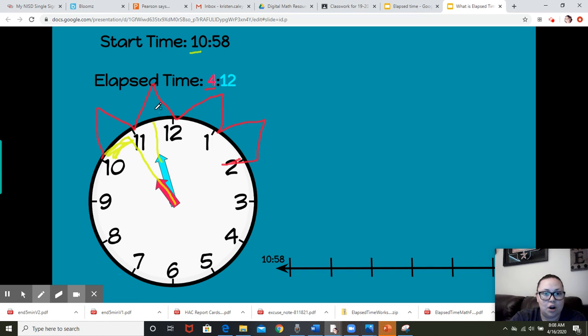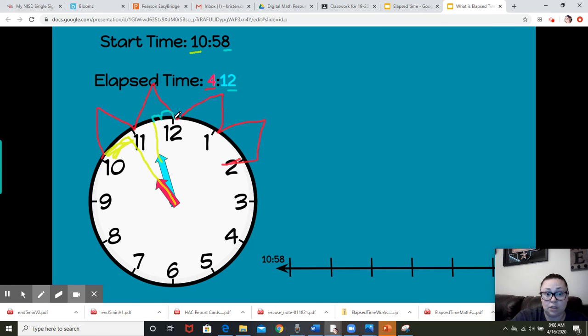Then from our minutes right here, I'm going to do a couple of rocks because I know that if I add 2 to 58, I would get to my next hour, right? And right here, I'm adding 2. So let's go ahead and do that. Two little rocks, 1, 2.